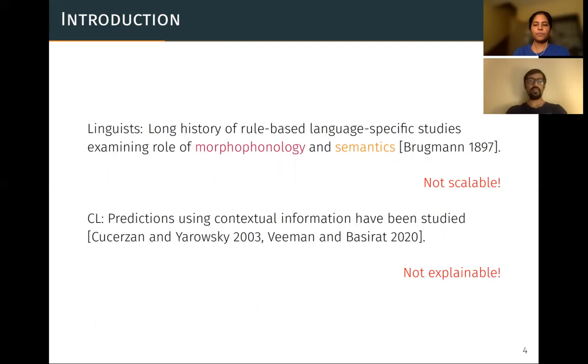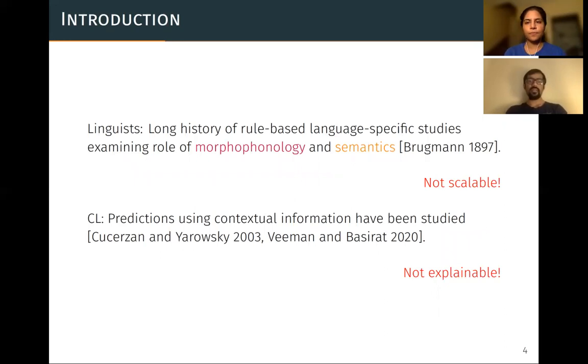Right, so linguists have a long history of studies where rule-based approaches have been discussed for studying the role of morphophonology and semantics in determining grammatical gender. An issue with this approach is that it does not easily yield universal rules and is also manual, so it's not easy to scale.